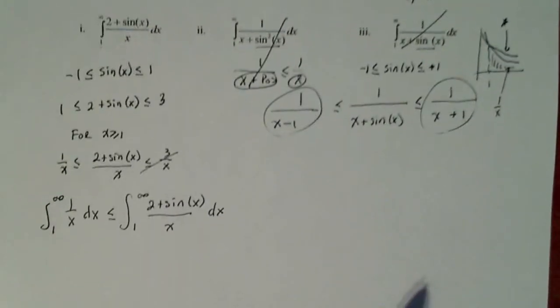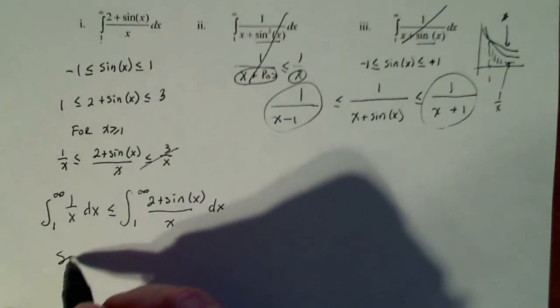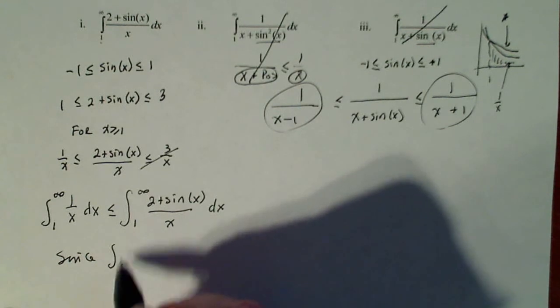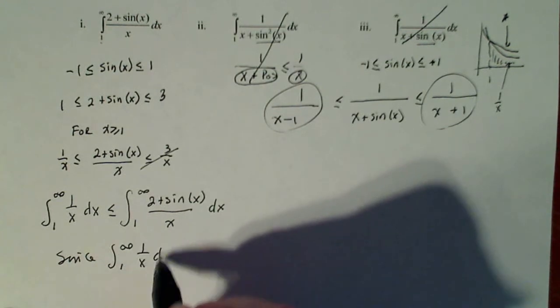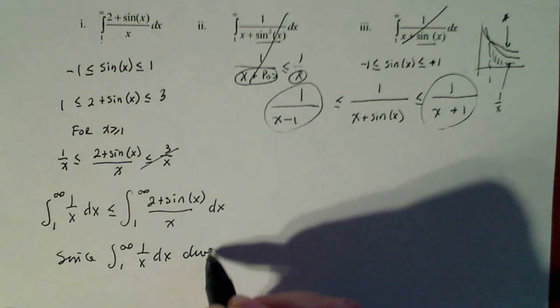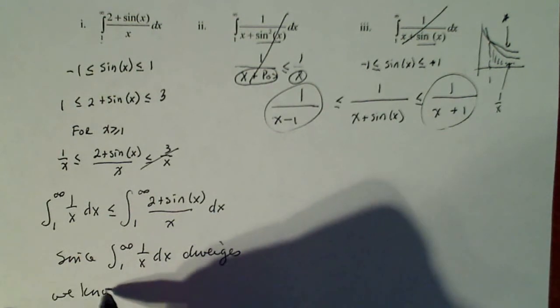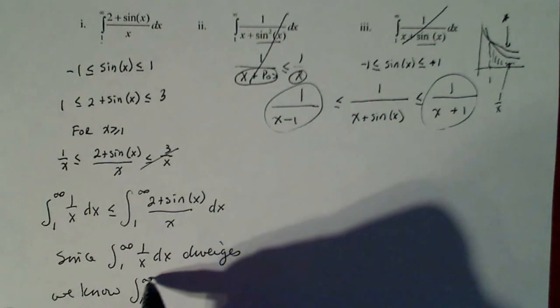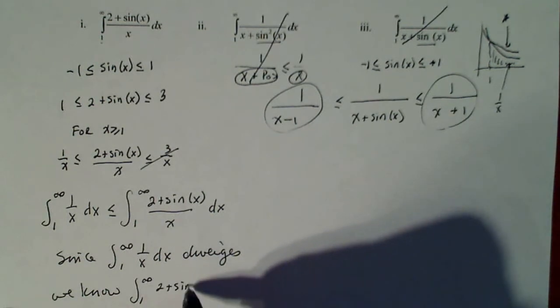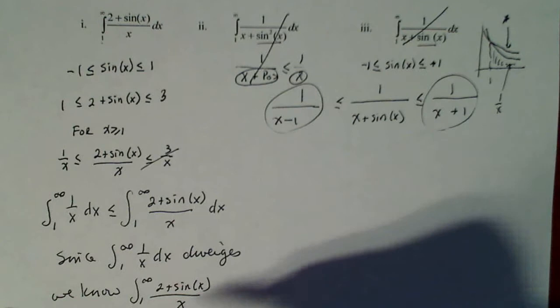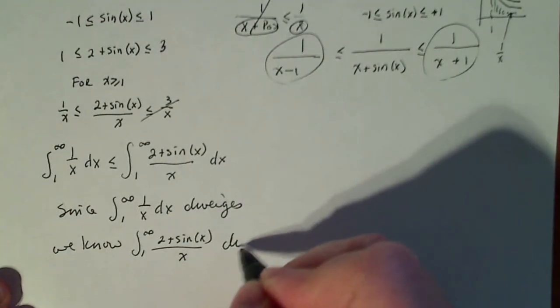So that's true. And since we know the integral from 1 to infinity of 1 over x dx diverges, we know that the original integral, 1 to infinity of 2 plus sine x over x, diverges as well.